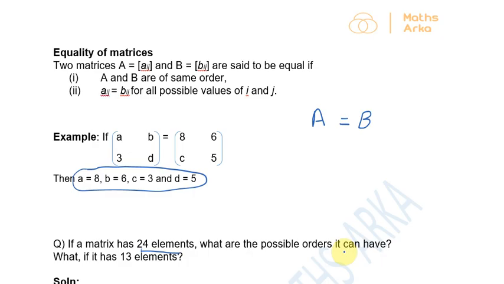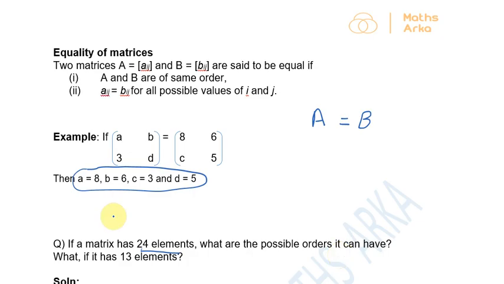There could be 1 row and 24 columns, then 2 rows and 12 columns, and similar matrices can exist for 24 elements, like 1 by 24, 2 by 12, 3 by 8, 4 by 6. Then 5 is not possible because 5 doesn't divide 24, and then 6 by 4, 8 by 3, 12 by 2, and 24 by 1. So these are the 8 combinations which are possible.